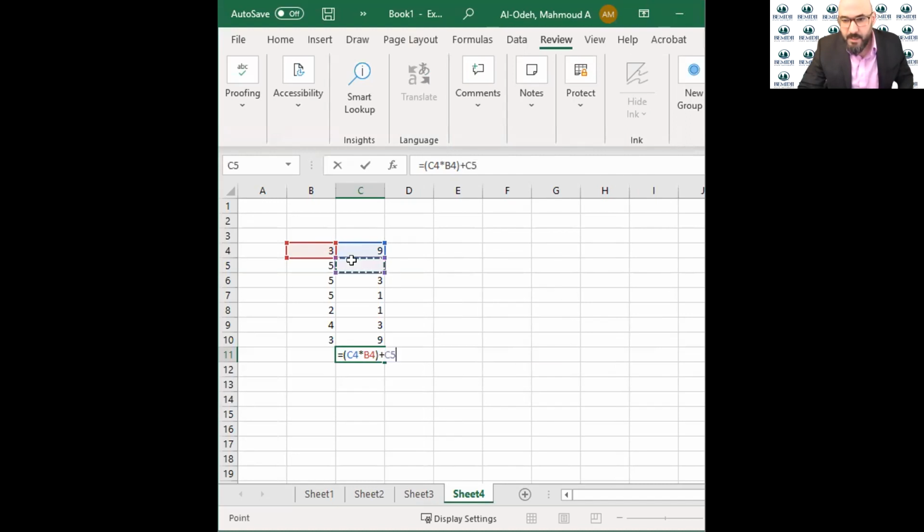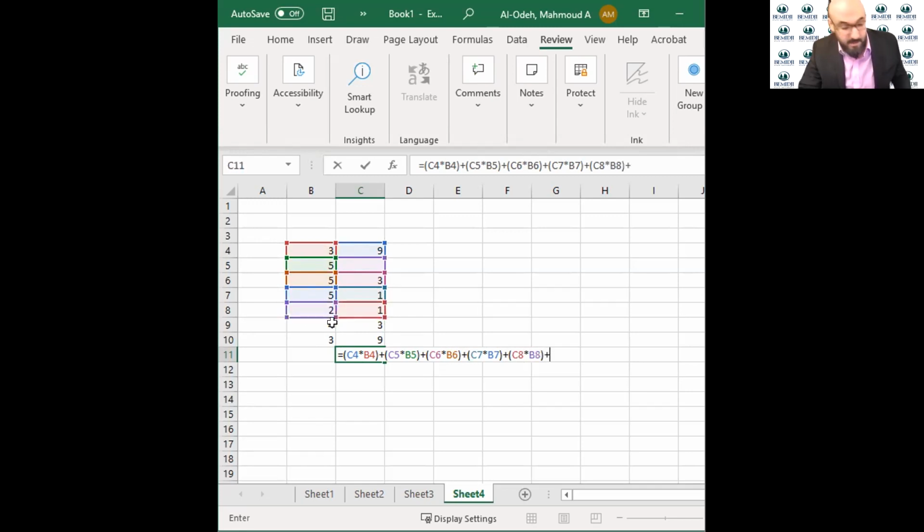Plus, this is going to be a 0, open parentheses, times the 5, plus parentheses this times this, parentheses plus 1 parentheses 1 times 5, close the parentheses, plus parentheses 1 times 2, close the parentheses, plus 3 times 4, close the parentheses, plus 9 times the 3. And done.